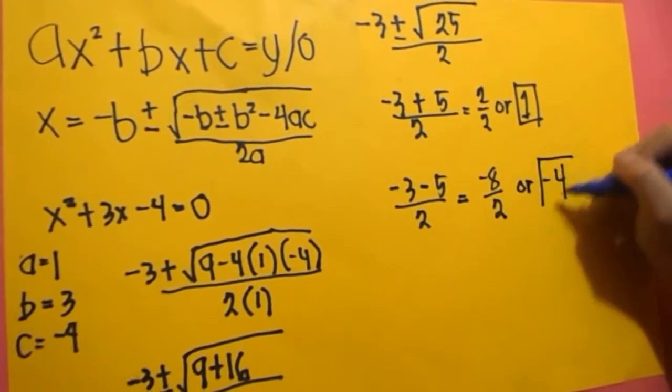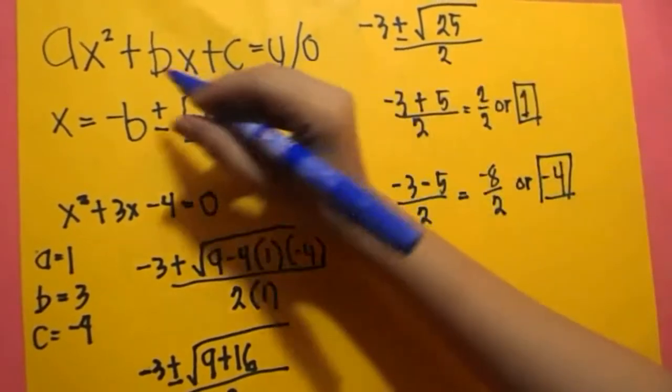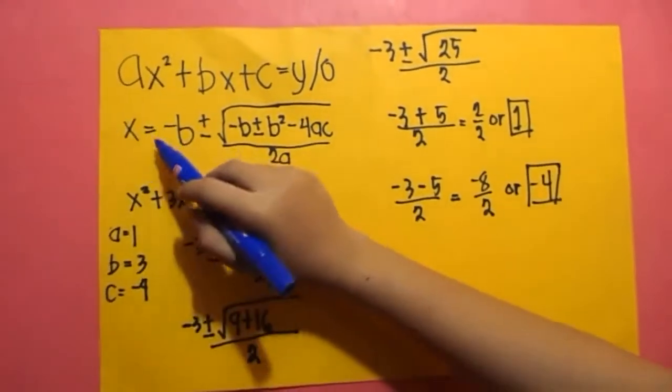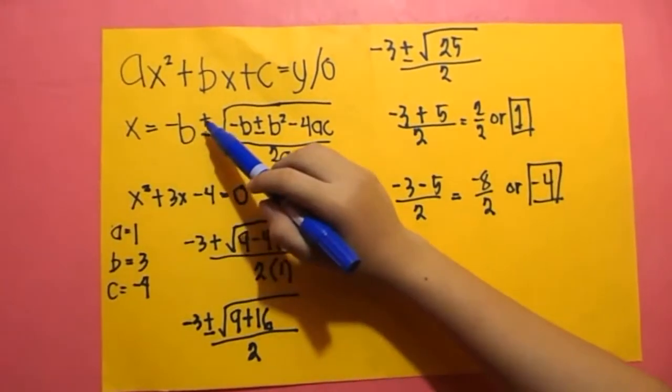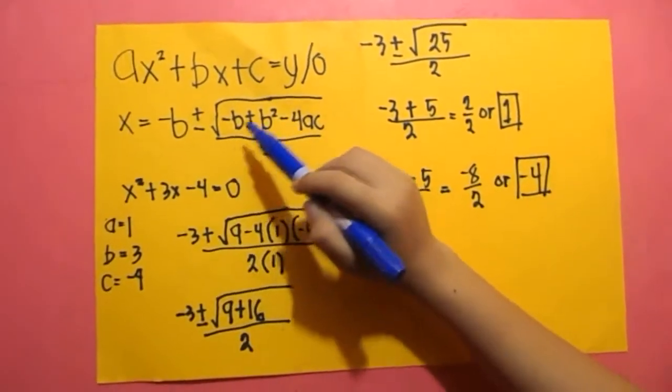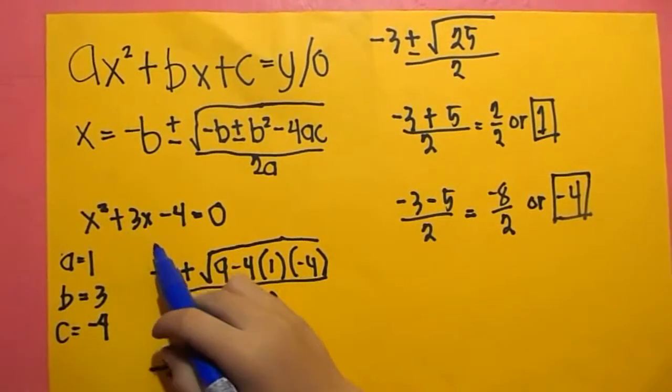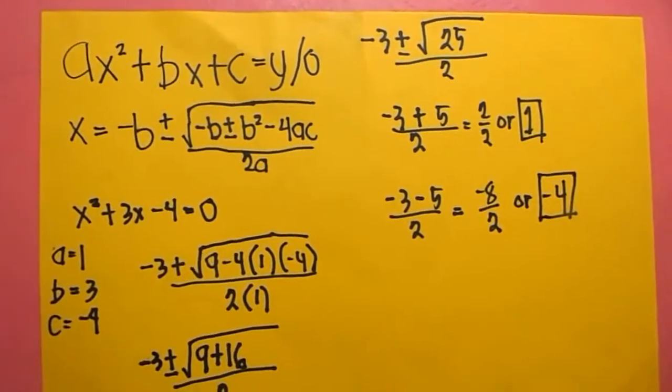And that's the answer of the quadratic formula, x equals negative b, positive or negative square root of, and this is the answer for x squared plus 3x minus 4 equals 0.